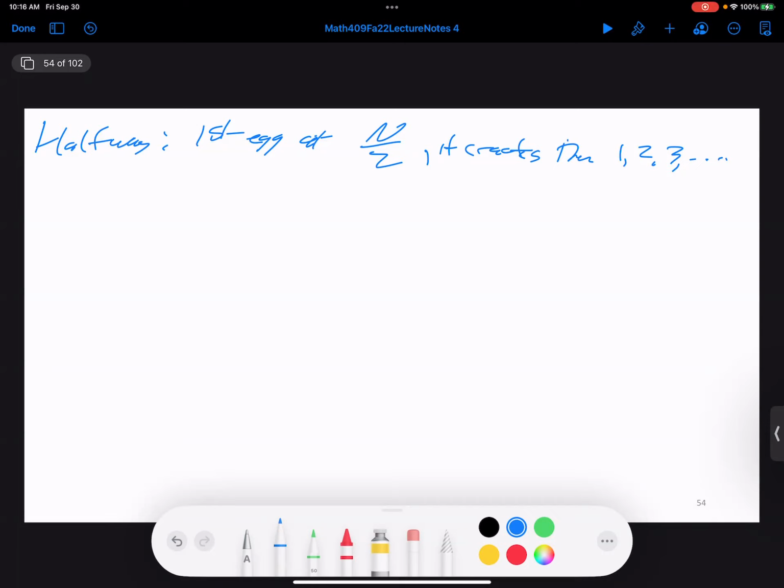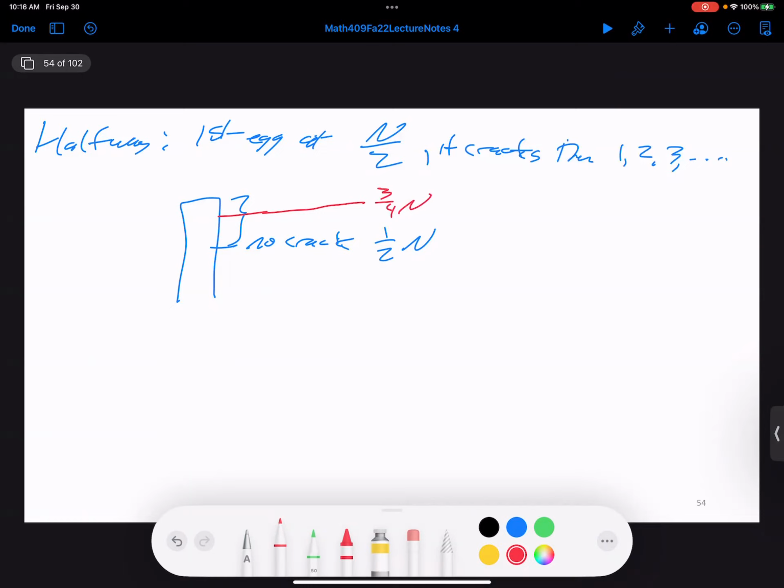You did your halfway drop, and if the first egg doesn't crack when you drop it halfway, then do half of this. This over here was 1/2 n, so this over here would be basically 3/4 n.